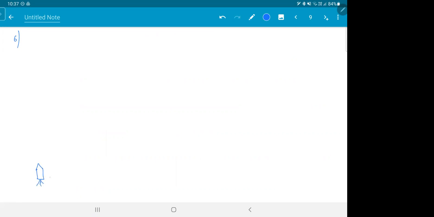We have a rocket. Acceleration is 2 meters per second square, starting from rest.